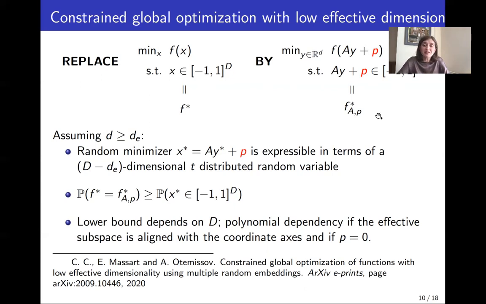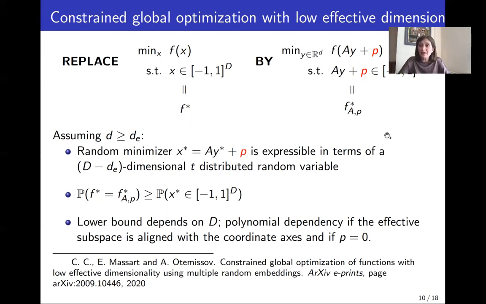It's clear that this probability of success depends on big D. You can see it in the numerical experiments. And we only were able to obtain polynomial complexity in this special case of the low effective dimensionality. Here, I would like to note that we allow a translation of the random subspace. As we will see, this will be beneficial.